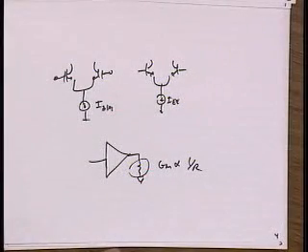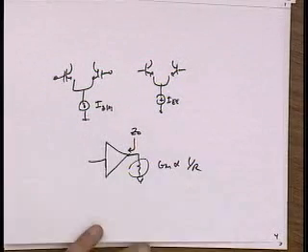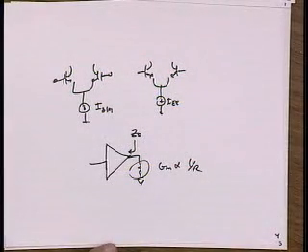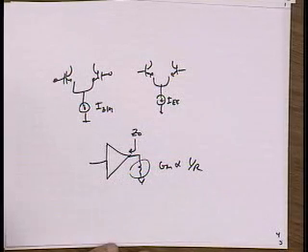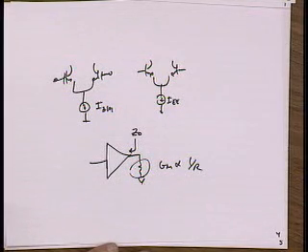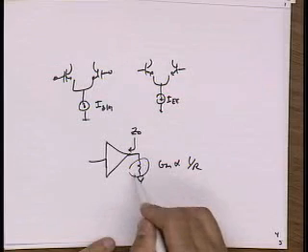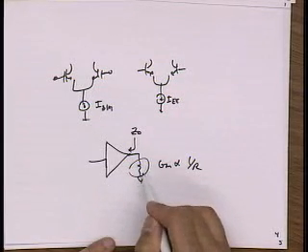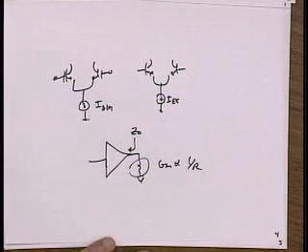That's true until this resistance becomes comparable to the output resistance of this buffer. And as Amin pointed out, because this buffer is actually a follower, the output resistance is on the order of 1 over GM, right? And so that tells you that you can only make this resistance as small as, let's say, on the order of this 1 over GM. Otherwise, you start losing gain.